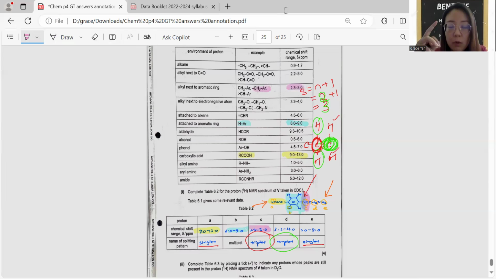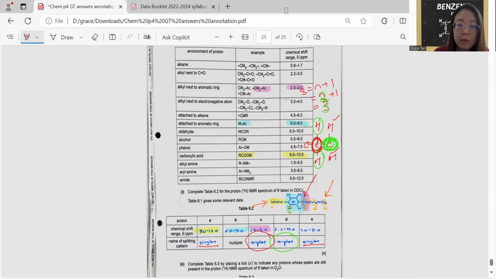But when you have neighbors left and right, 2.3 to 3 on the left and 0.9 to 1.7 on the right, we always report the higher ppm. So you have to write 2.3 to 3. You cannot write either one of the two. It is not your choice. You always report the higher ppm version, which is 2.3 to 3, not 0.9 to 1.7.